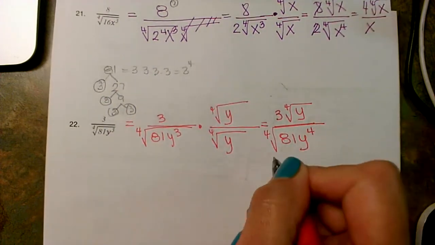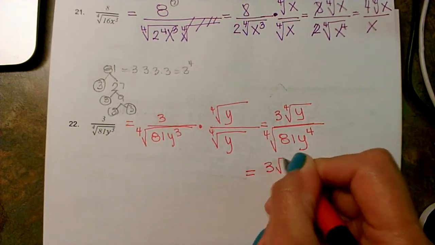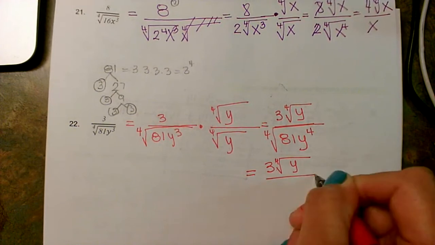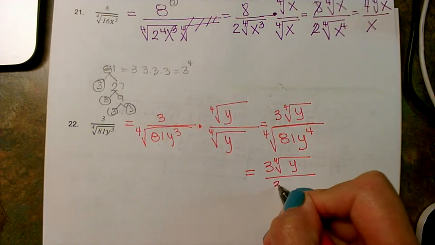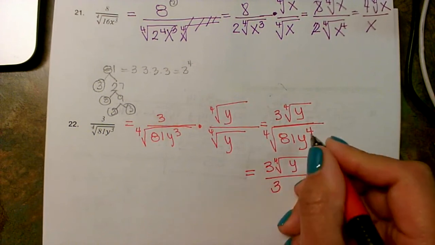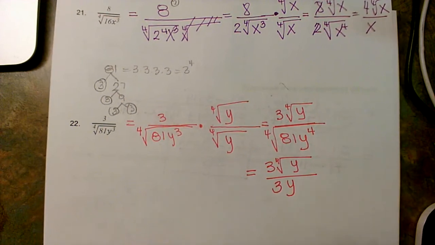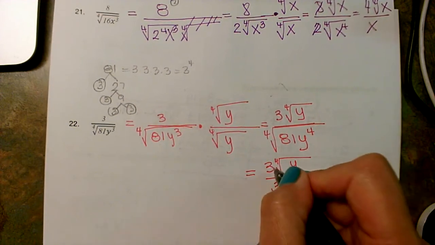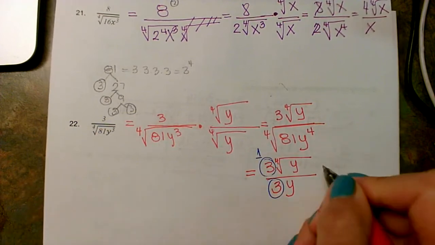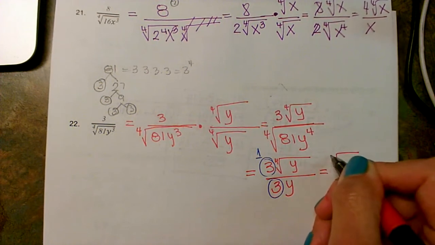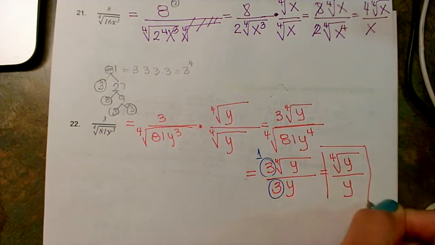So the fourth root of 81 we said was 3. And 4 divided by 4 is y. Now, let's make a 1 there. So our answer will be 4th root of y divided by y.